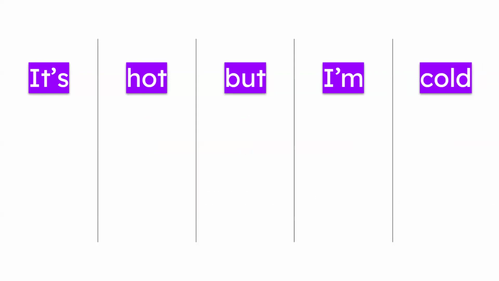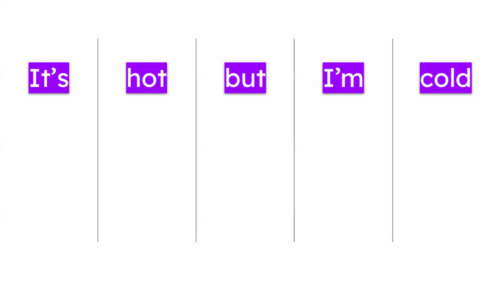Next. It's hot, but I'm cold. This is a tricky sentence, and I have taught this topic in one of my previous videos, so I recommend you watch it. Okay, so it's hot.